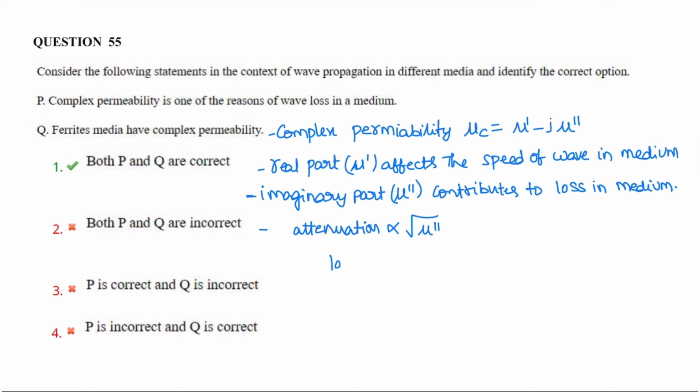The larger the mu double dash, the larger the imaginary part of complex permeability, the higher the attenuation.